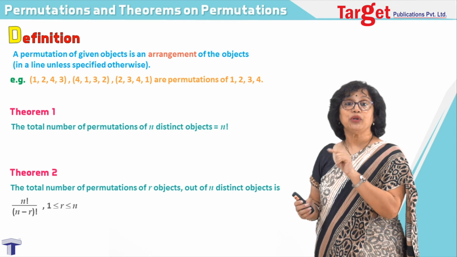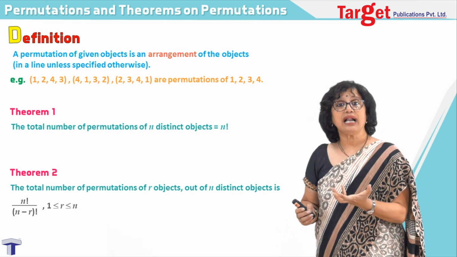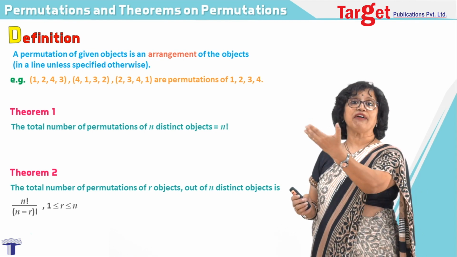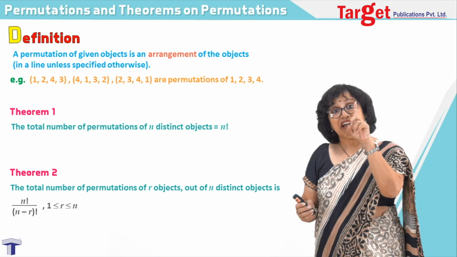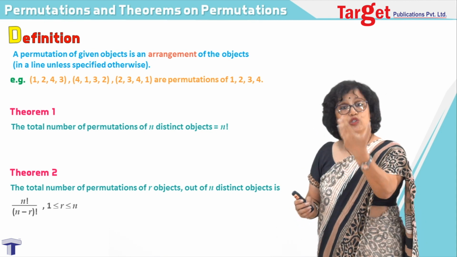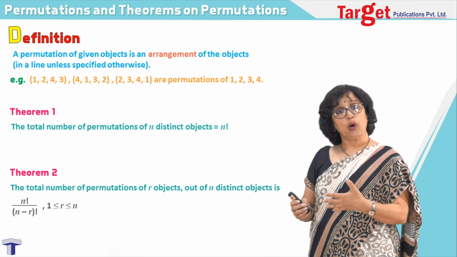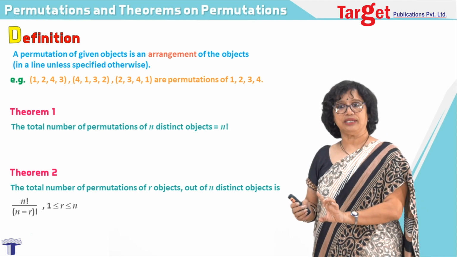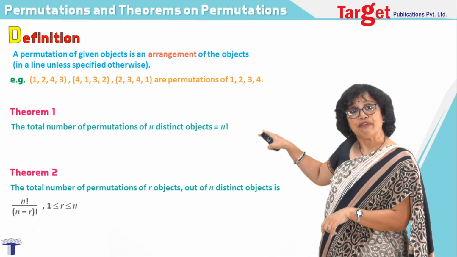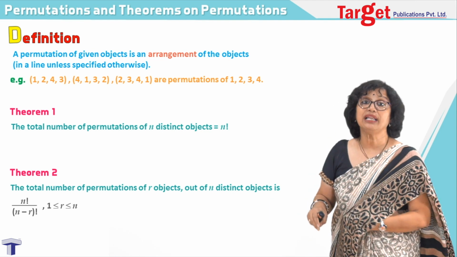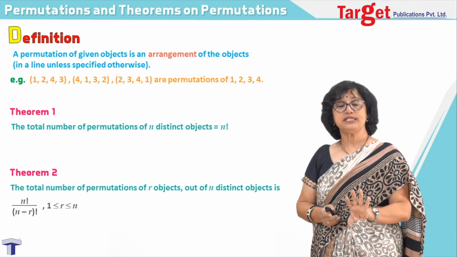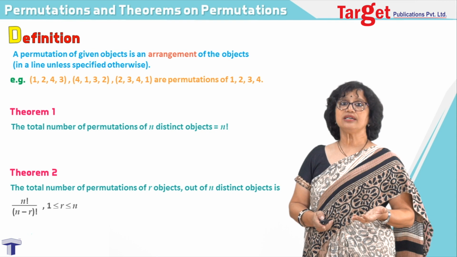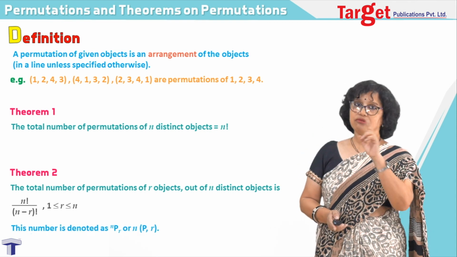So 5 into 4 into 3, this I could have also written as 5 factorial upon 2 factorial. That 5 factorial upon 2 factorial, I can also write as 5 factorial upon 5 minus 3 factorial. So that is what we are doing here: n factorial upon n minus r factorial. What is r? r is the number of objects which are to be arranged, right? So let me proceed from here to the next.